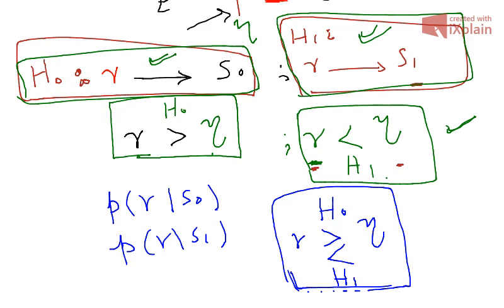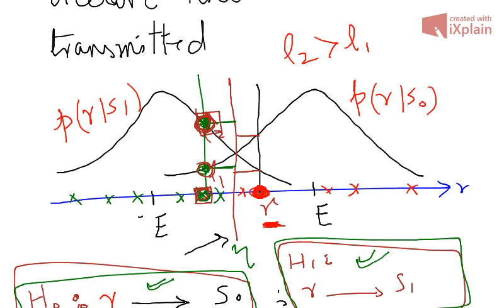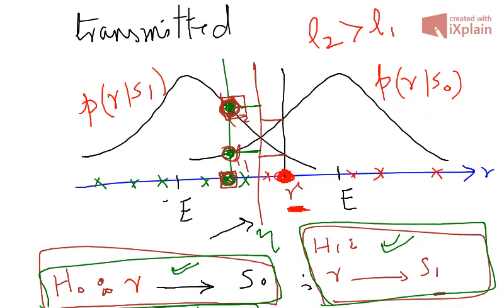The optimum detector, or the maximum likelihood detector, takes the decision on the basis of these likelihood functions and the knowledge available. The real sample value is compared with the threshold, and the likelihood is observed. If the likelihood of S0 is greater, the optimum detector would declare that S0 is transmitted.